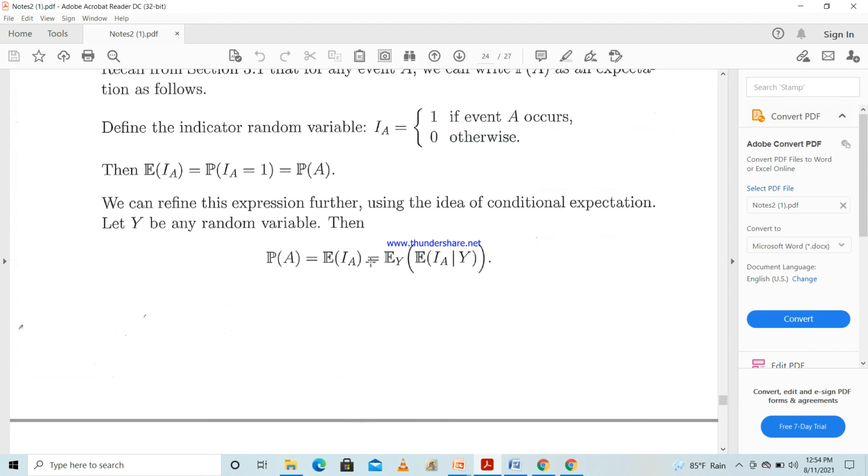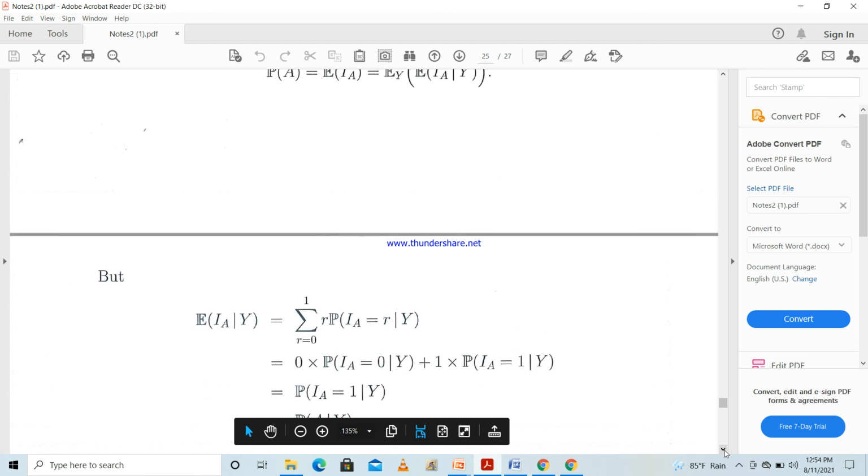In other words, if there is a conditioning variable Y, we can find this expectation by the expected value of I_A given Y, and then we have to take the expectation of this term with regard to random variable Y. That is, you take the probability where I_A equals r given Y, multiplied by r, and sum where r goes from 0 to 1.